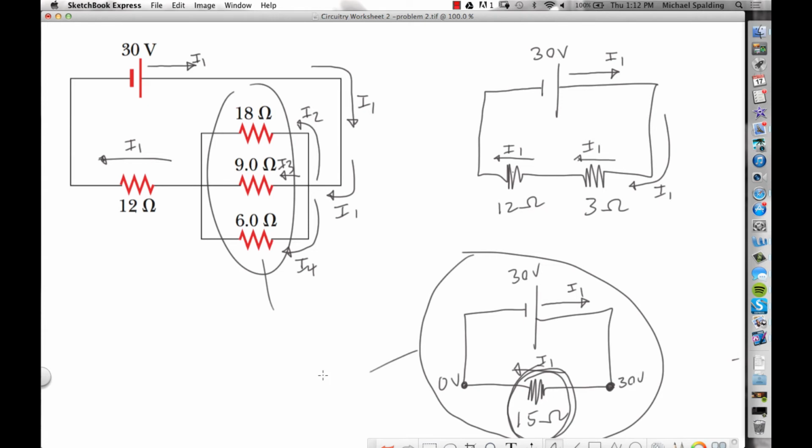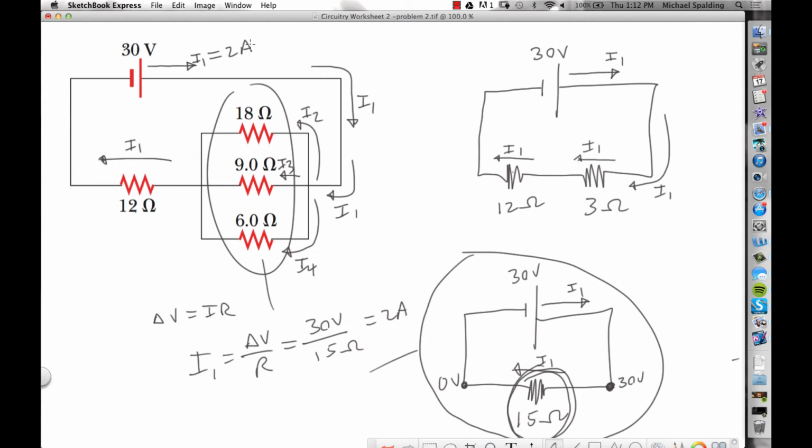So we're using Ohm's law. Ohm's law is delta V equals IR, right? So rearrange that. I is delta V over R. So it's 30 volts over 15 ohms, which gives 2 amps. So that's I1.